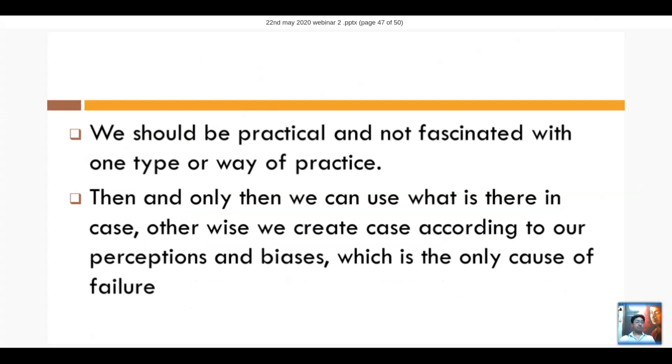We should be practical and not fascinated with one or another type of practice. Then and only then can we use what is there in a case. Otherwise, we create the case according to our own perception and biases, which is the only cause of failure.